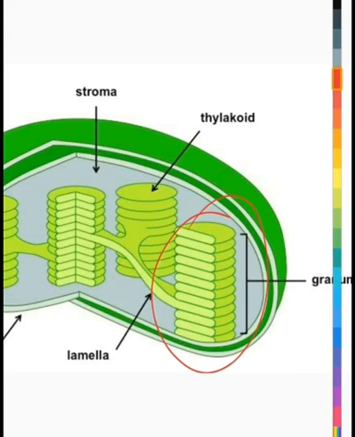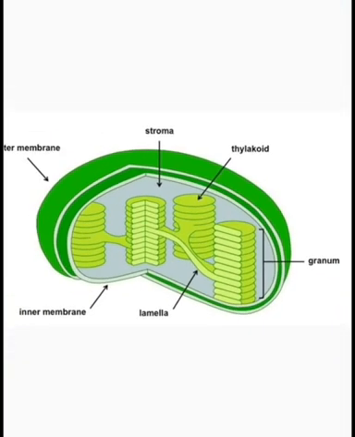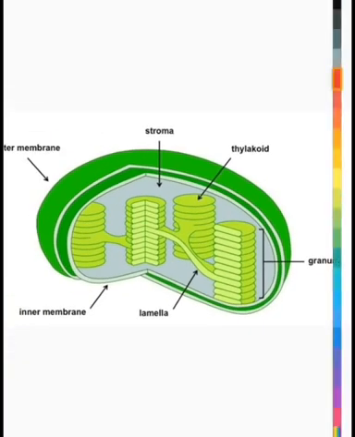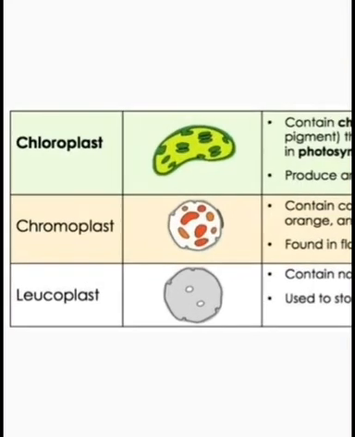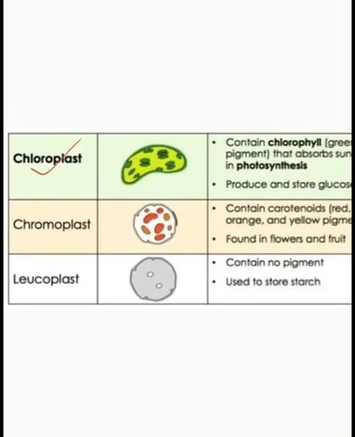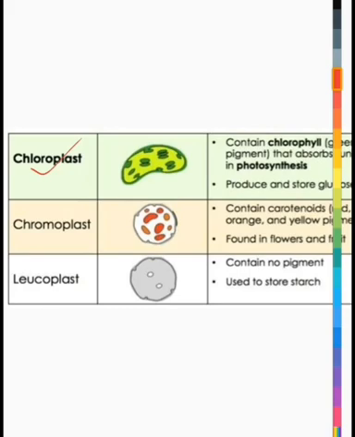Other functions of chloroplast include synthesis of carbohydrate and protein and also ATP. So the overall functions are photosynthesis, synthesis of carbohydrate, synthesis of protein. Now we are done with chloroplast. We have discussed what chloroplast is and how it helps the plant. Mainly the function is photosynthesis.